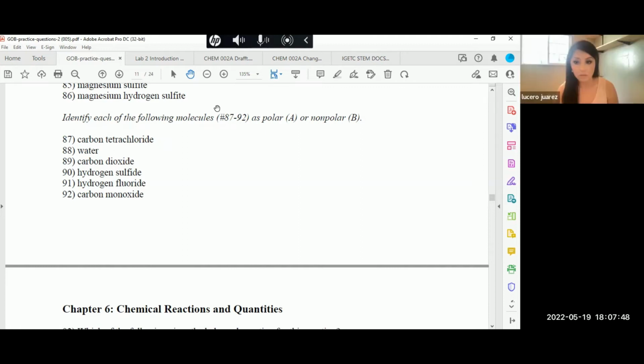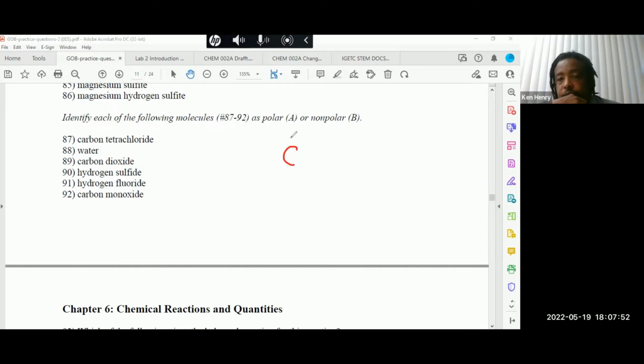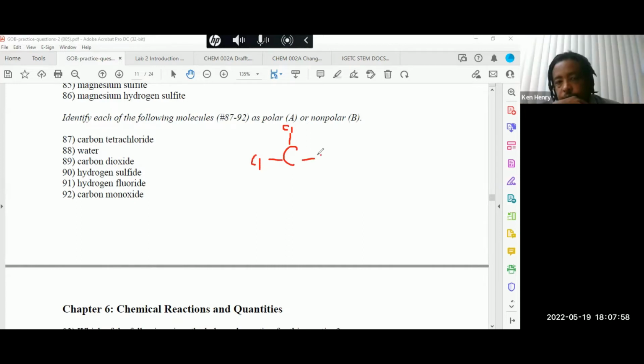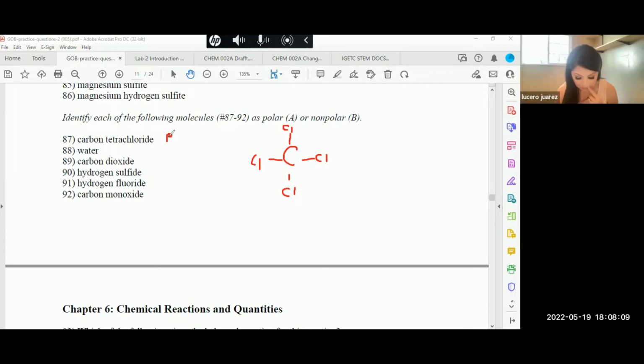So in this case, carbon tetrachloride. So carbon, and then we have 4 chlorides. Okay. So would it be nonpolar? It would be nonpolar because they're all pulling evenly, right? Okay, so that would be nonpolar. Okay. B. And then H2O, it would be polar.